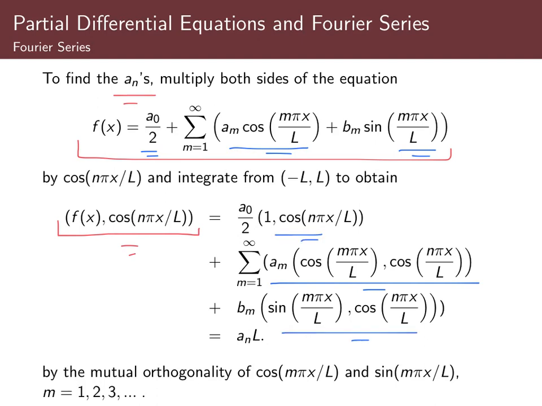We know from a previous lecture that all of those inner products are going to be 0 except for the one where both n and m are the same and the trig functions are the same. So all of these go away except for the nth term, which is the inner product of cosine of n pi x over L with cosine of n pi x over L, which we know from a previous lecture is L. The coefficient with that term does not go away, it's a(n).